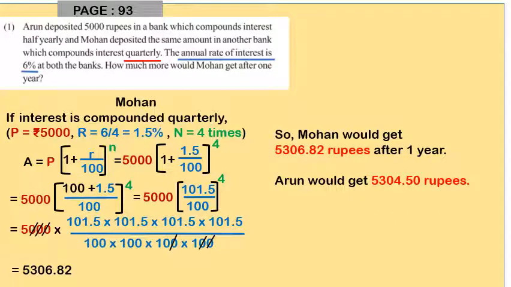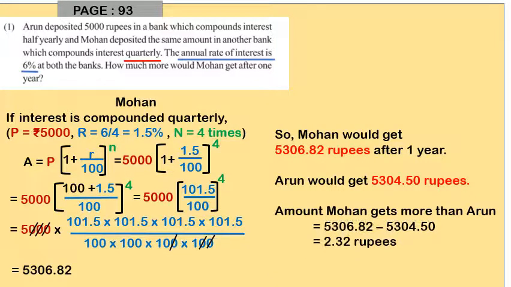And Arun would get 5,304.50 rupees after 1 year. Actually, our question is how much more would Mohan get after 1 year? So we can write amount Mohan gets more than Arun equal to 5,306.82 minus 5,304.50, which is equal to 2 rupees 32 paise.